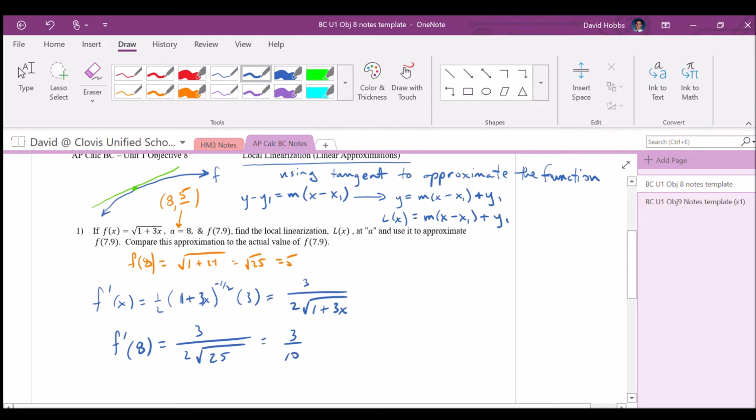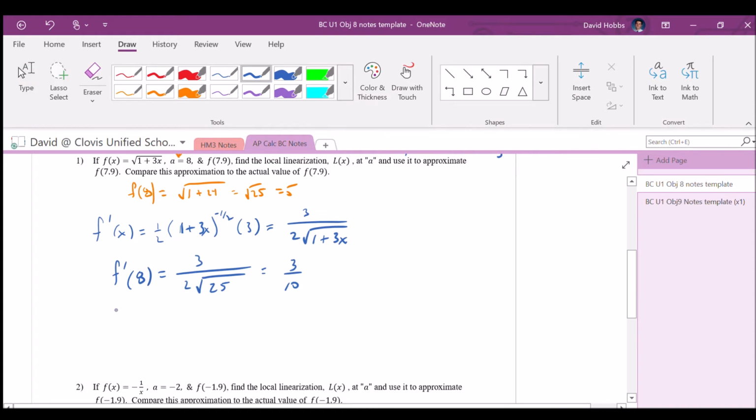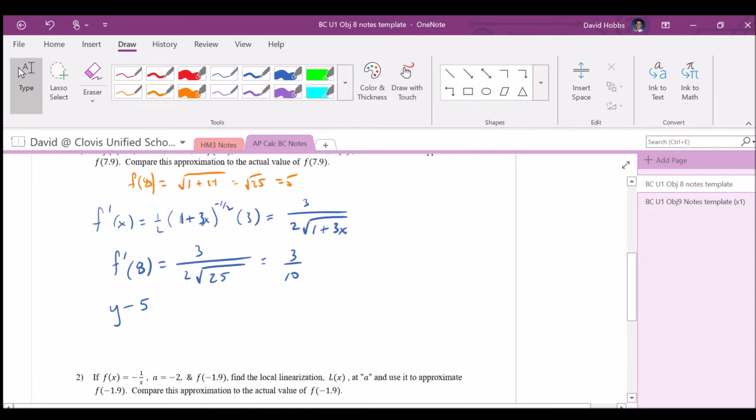so 3/10. Okay, so I've got my point of tangency, 8 comma 5, and my slope, 3/10, and so if I write my tangent line equation, y minus, what was it, 5? Yeah, y minus 5 equals 3/10 times x minus 8.